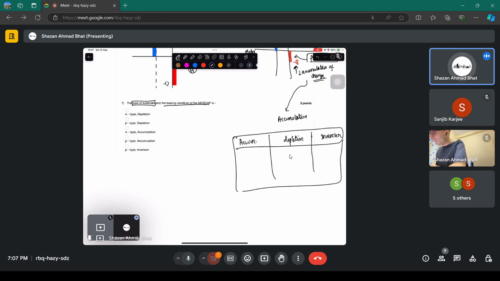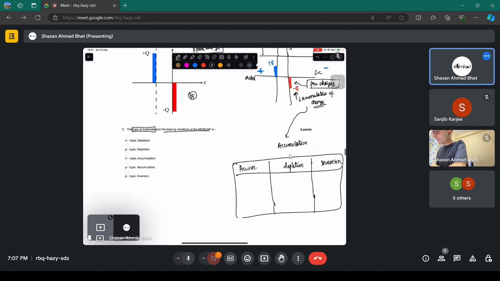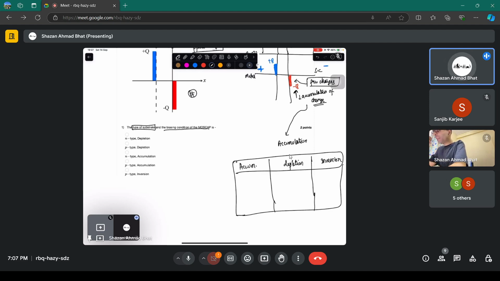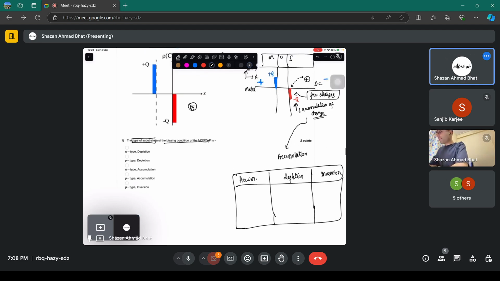But accumulation is when you have accumulated the free charges of that semiconducting system. Let's say you had a positive and excess electrons on this side. If these excess electrons get accumulated at this region, this is called the accumulation region. And why is this particular region not the depletion region or the inversion region?